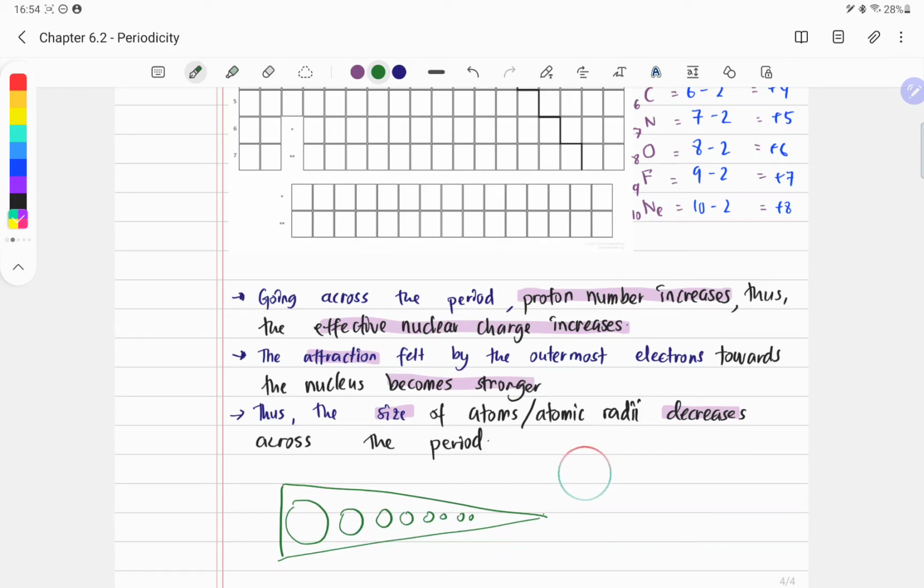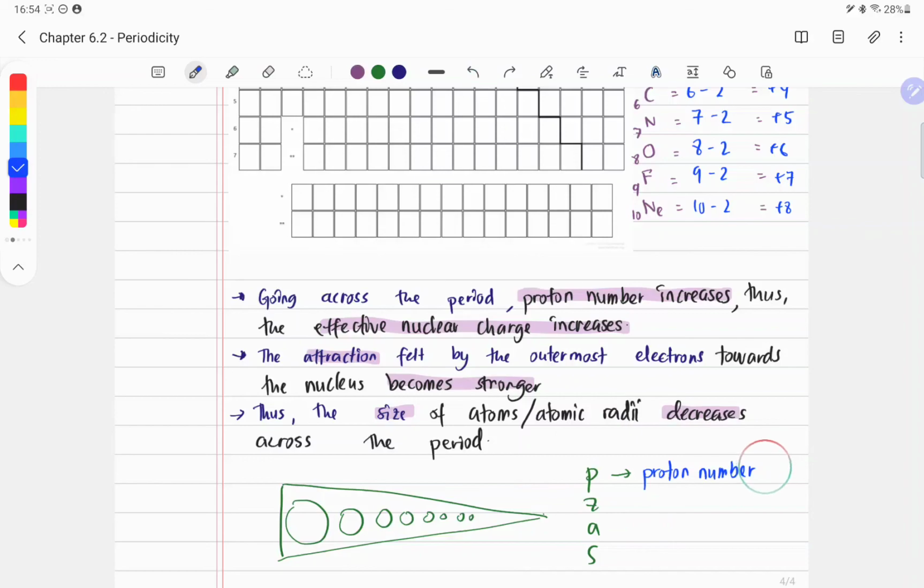Okay, so we can explain using the acronym PZAS. Okay, like pizza.